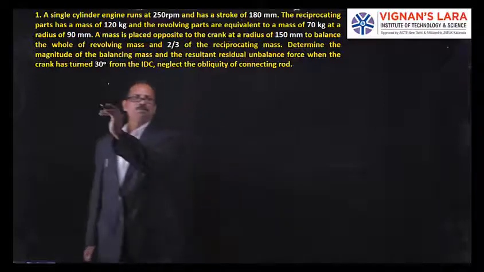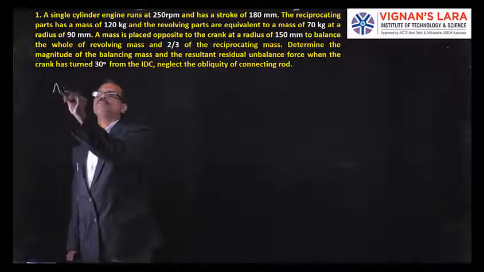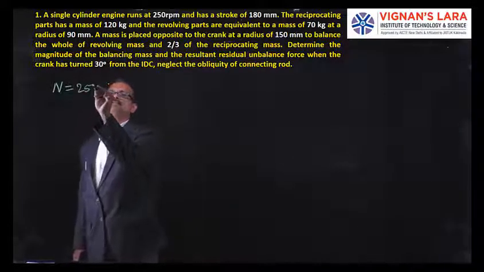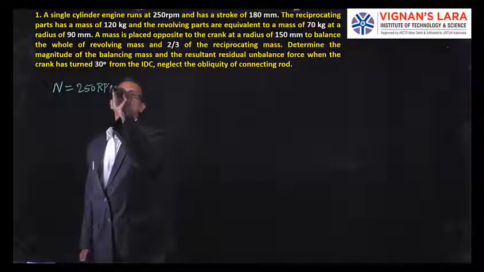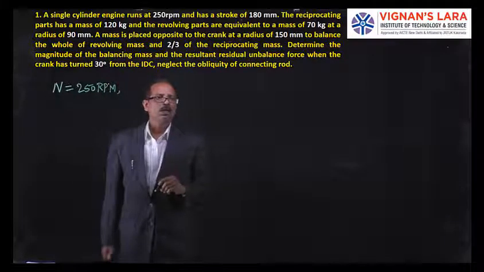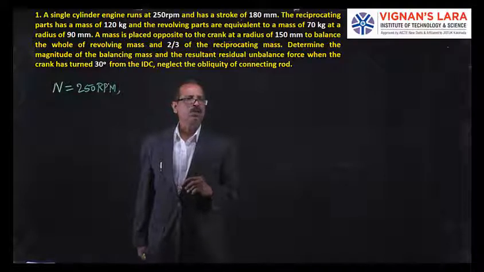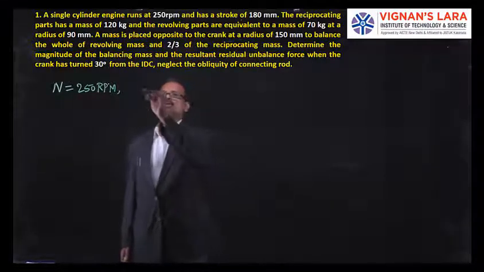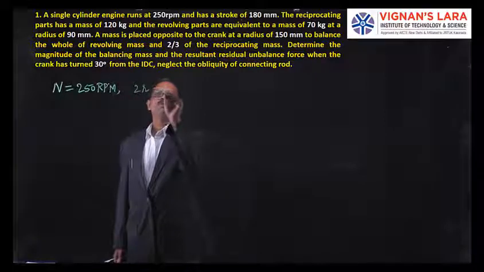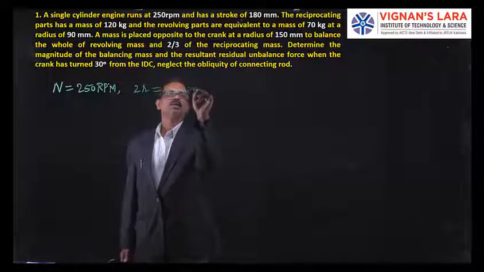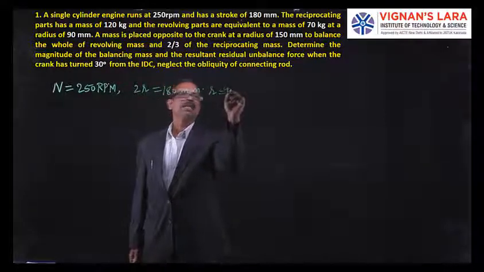So the speed is 250 rpm, and has a stroke of 180 mm. So 2r is 180 mm, r is 90 mm.